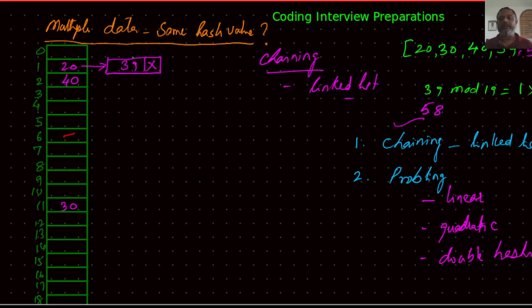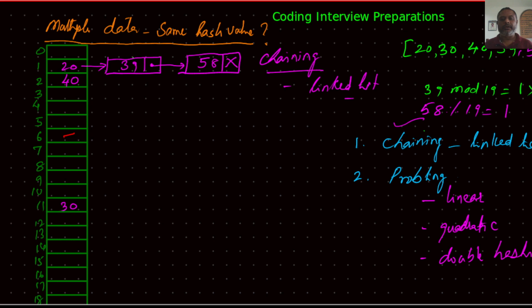If you try to add 58 to this, it's again getting a 1. So what we can do is add another node and in that add 58. So that's the linked list.